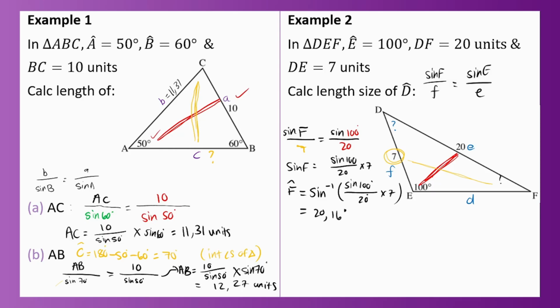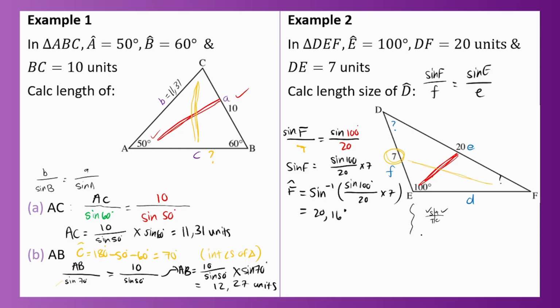Technically, if you want to get technical about this, because remember we have done stuff like this before, we call it the general solution. We would go and work and see, okay, this is our CAST diagram. Sin is positive everywhere between 0 and 180, which is what you can have in a triangle because it adds up to 180.